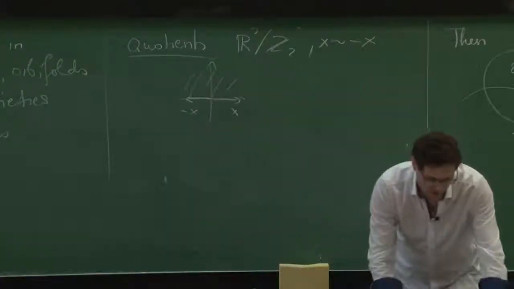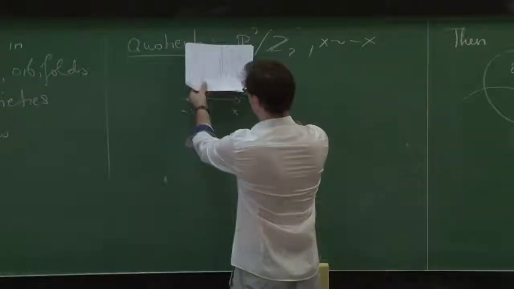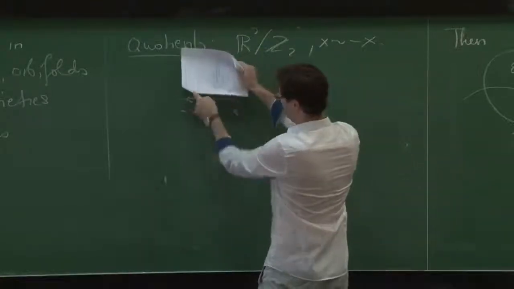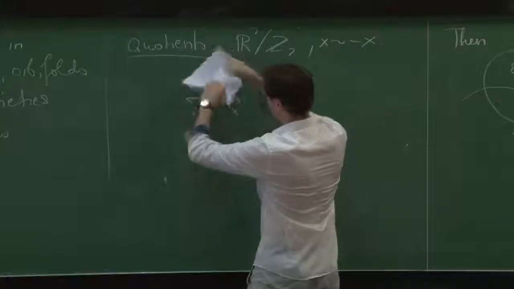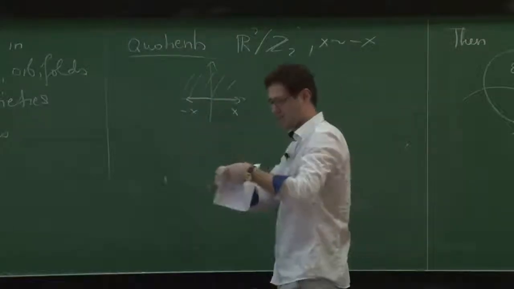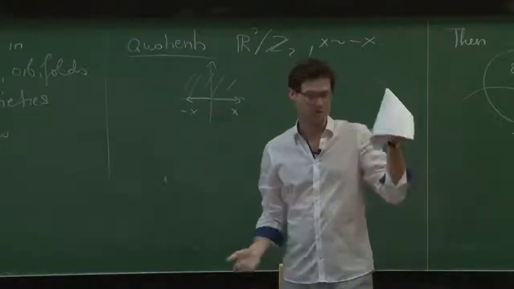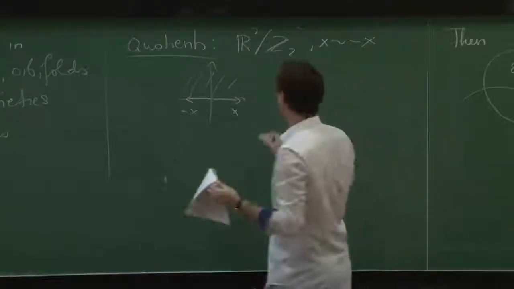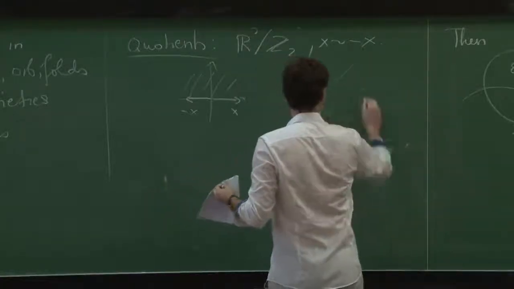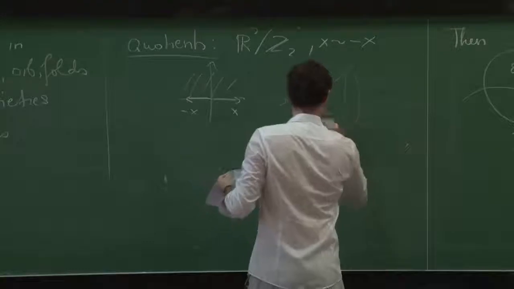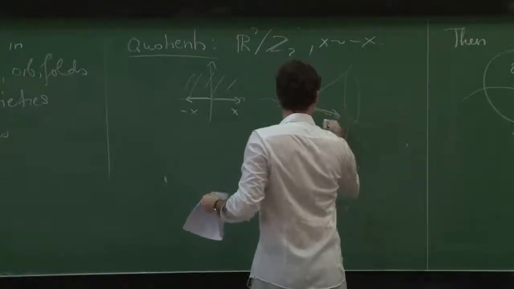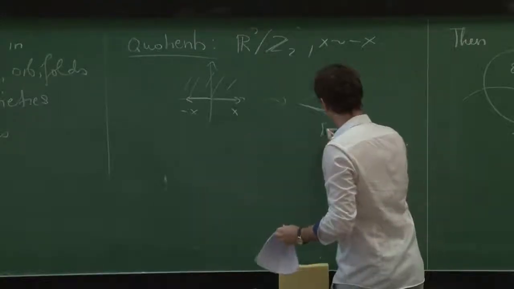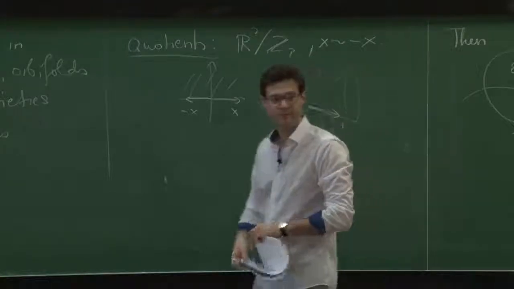I take my fundamental domain, and I want to identify this part and this part together. How do I do this? I do this, chuck. What do you see? You see a cone, where here you have your equivalence class of x.